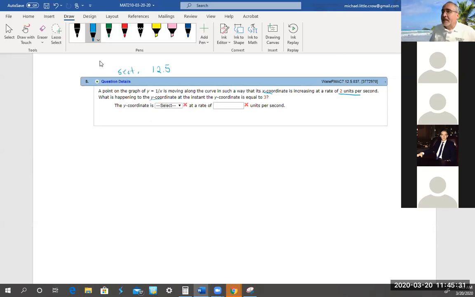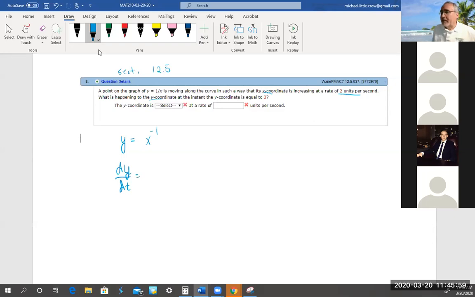Okay. So again, what we do is we start with the equation we're given, and actually instead of 1 over x, let me go ahead and rewrite this as x to the minus 1. So we'll take the derivative of both sides. Derivative of y is 1 dy dt.